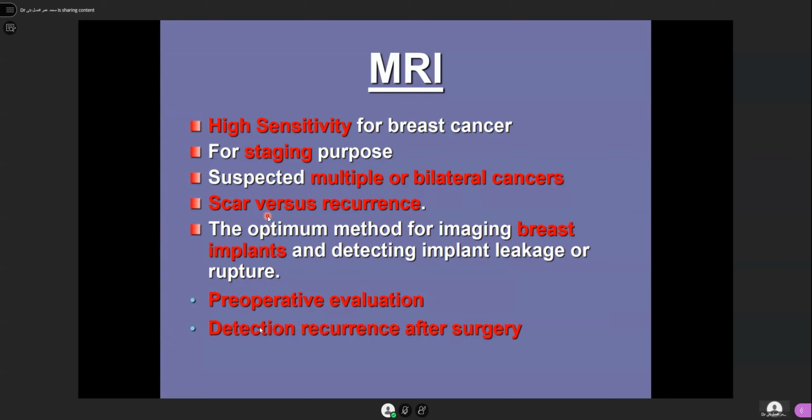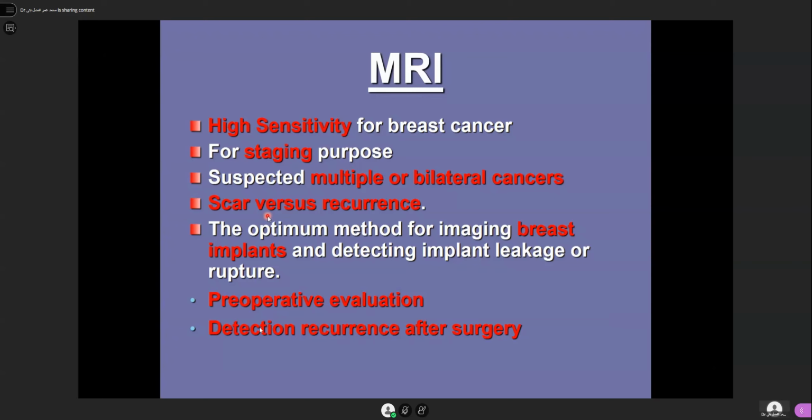After biopsy or surgery, the area from where we take the biopsy or perform the surgery will become fibrous due to the inflammatory process. Initially, there will be inflammatory changes, then there will be fibrosis. So that area after the surgery or biopsy will appear the same as a malignancy.